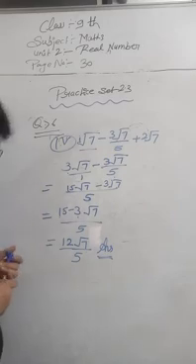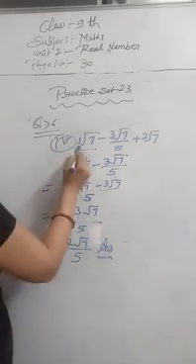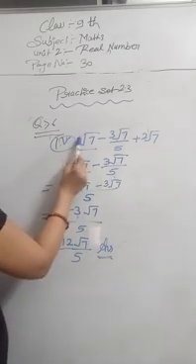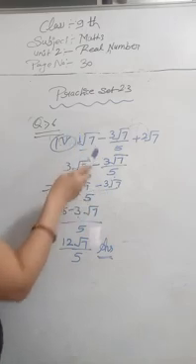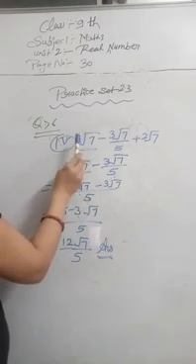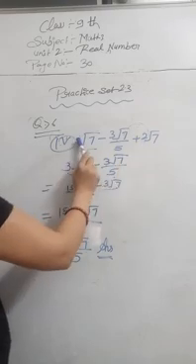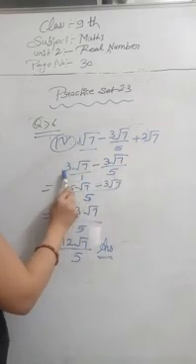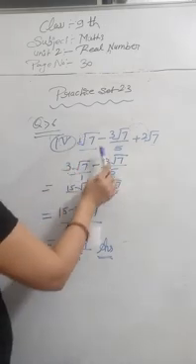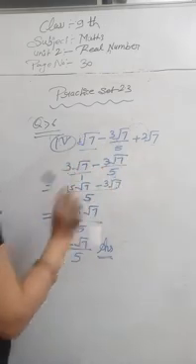12 root 7 by 5 is our answer. Clear? Okay, if here is nothing, we will assume here is 1. So 1 and 2, we add these numbers, 1 plus 2, so we got 3 root 7. Okay, and we will put these numbers as it is.